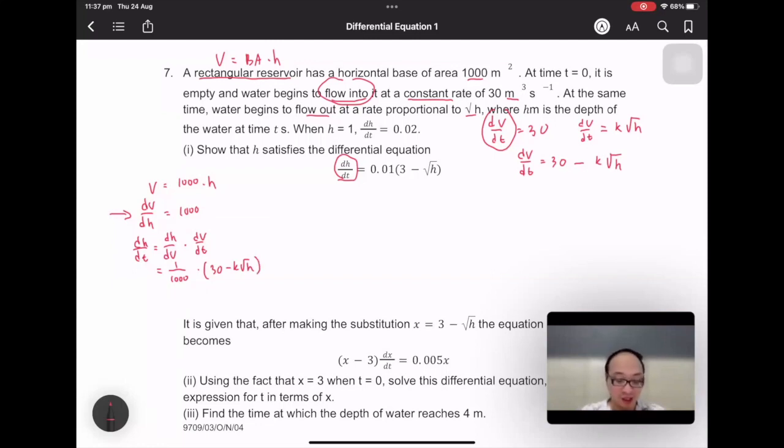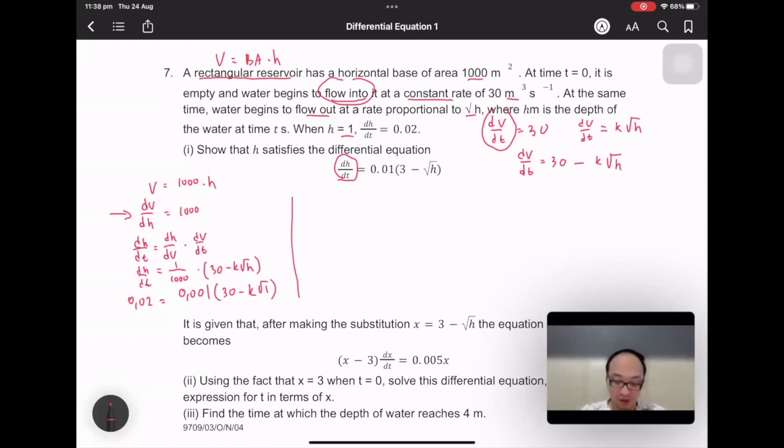And then we can put in the initial condition, h equals 1, dH/dt equals 0.002. So 0.002 equals 0.001 times 30 minus k root 1.